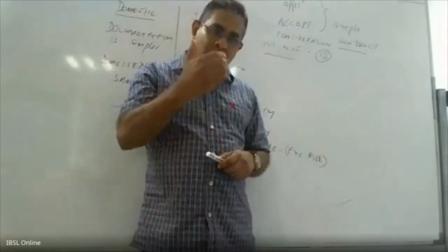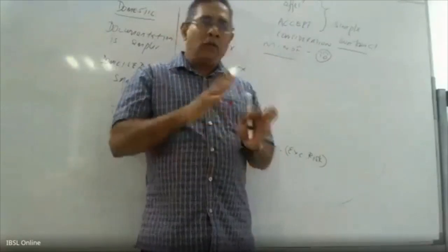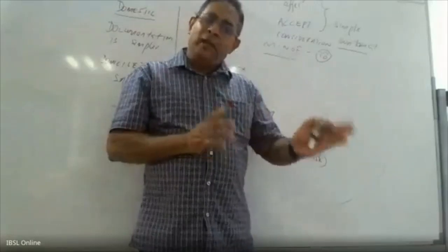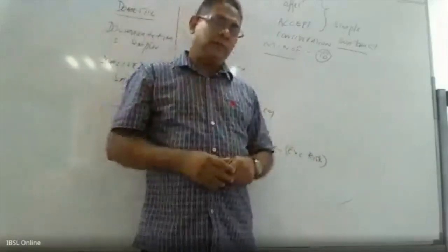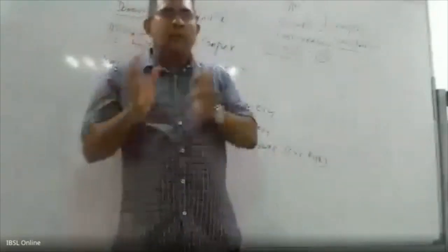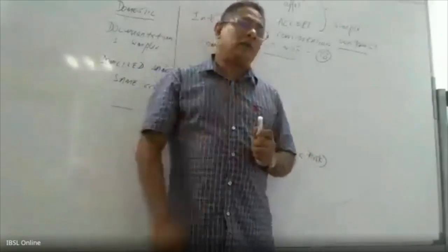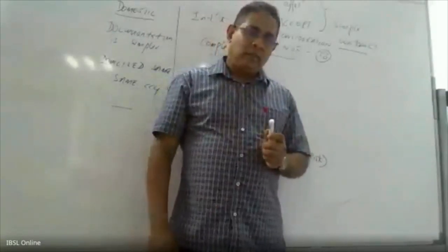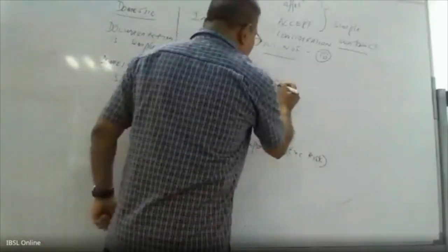It has to be very carefully drafted. According to the contract of sale, A is supposed to sell a certain amount of goods to B. On receipt of goods from A, B is supposed to pay. How he is going to pay is also spelled out in the contract of sale, the sales agreement.